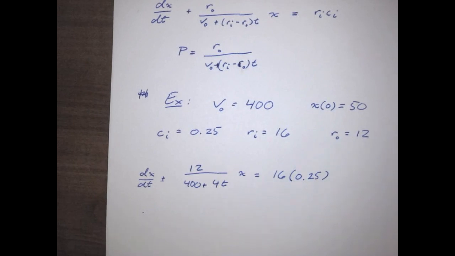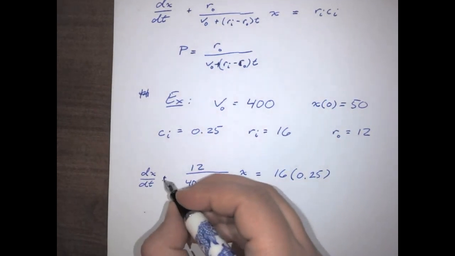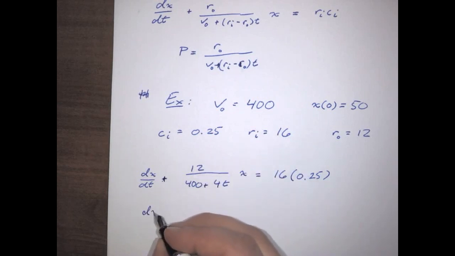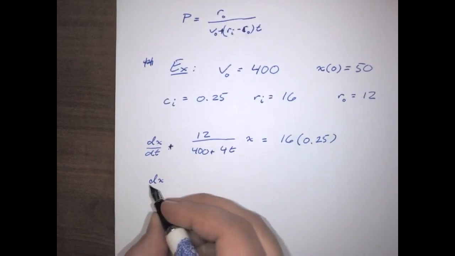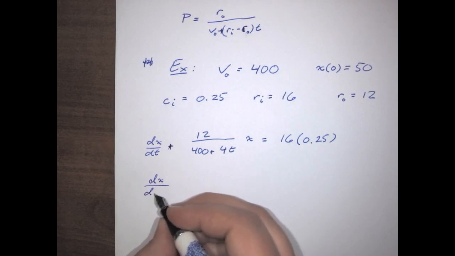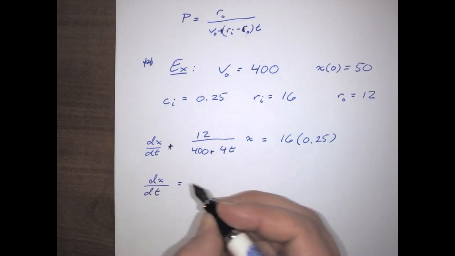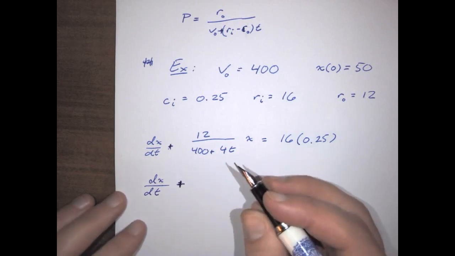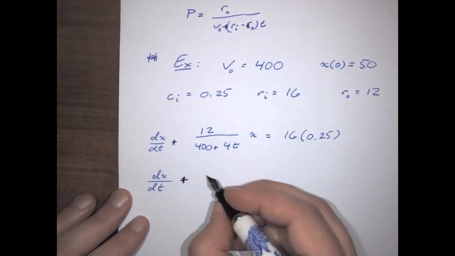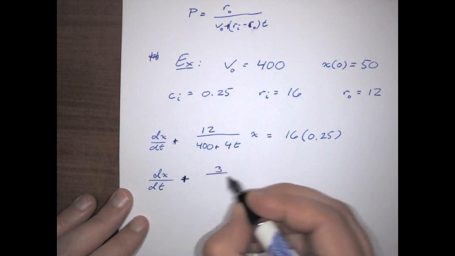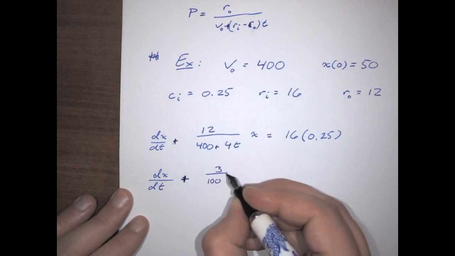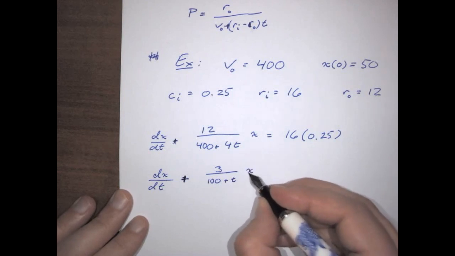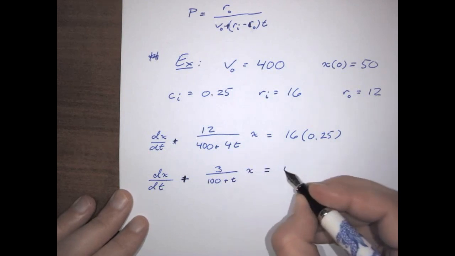And now if I want, I can do a little bit of cleanup here. I've got a common factor of 4 here that I can use for a little bit of cosmetic arrangement. It's not equals, it's plus. And then I'll divide everything by 4, so that'll give me 3 over 100 plus t, x equals 4.